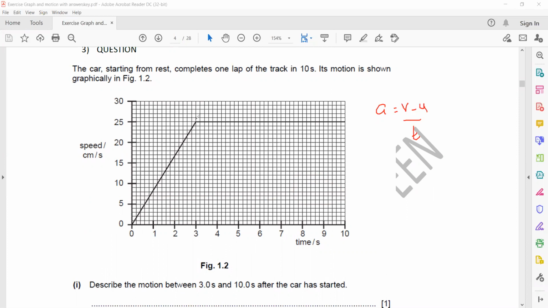So the final velocity, this is the final velocity, that's 25. Initial velocity is 0 and the time interval is 3 seconds.